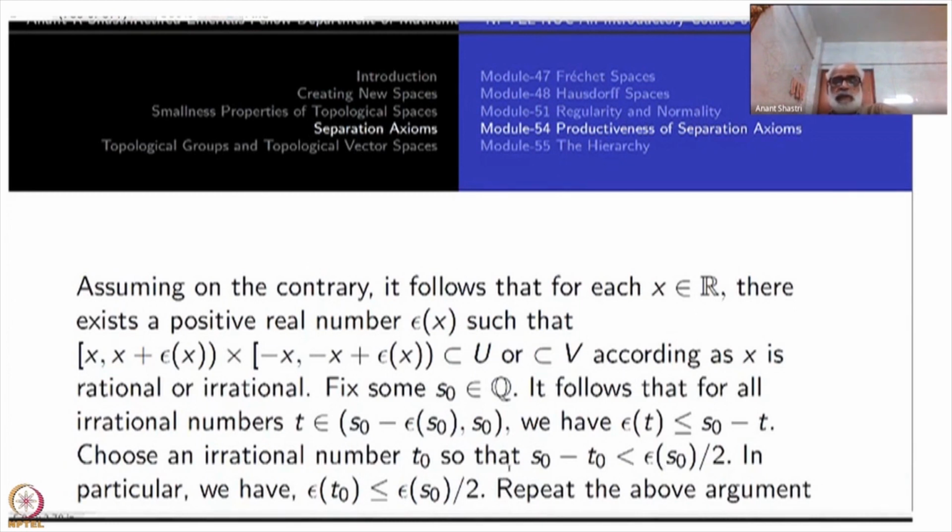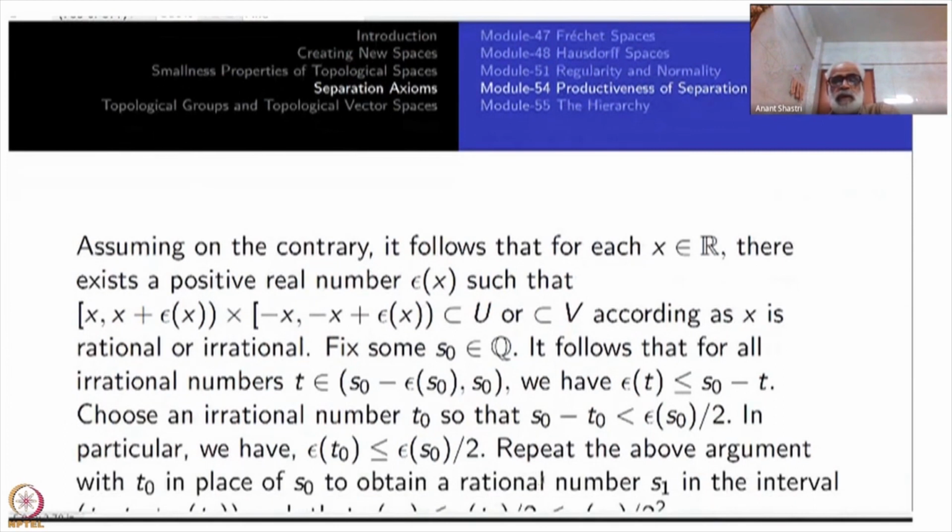Now you interchange the role of the irrational number and rational number. You started with S naught, you got a T naught with all this property. You fix this one. Now apply the same argument to T naught to get a rational number with the same property, but this time you write it as S1.